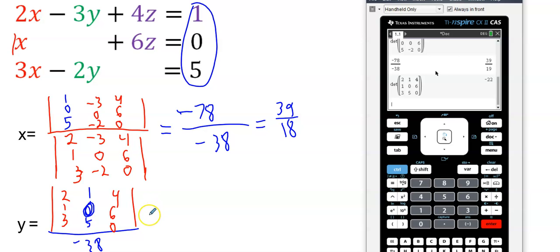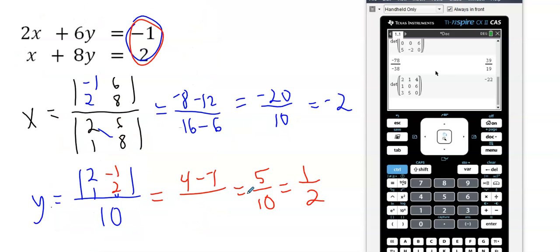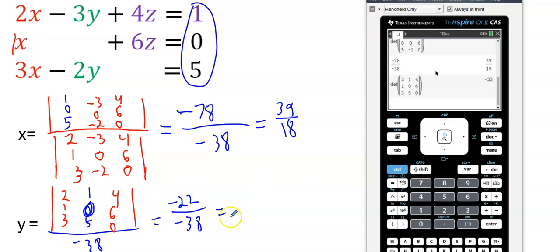So -22. So this one ends up being -22 divided by -38. So -22 divided by -38 is 11/19.